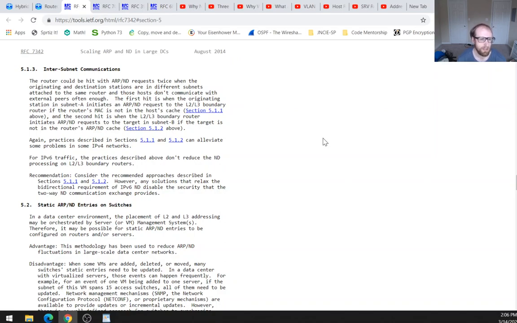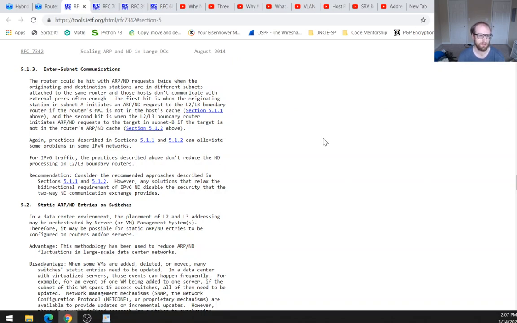The first hit is when the originating station in subnet A initiates an ARP/ND request to the L2/L3 boundary router if the router's MAC is not in the host's cache. And the second hit is when the L2/L3 boundary router initiates ARP/ND requests to the target in subnet B if the target is not in the router's ARP/ND cache.